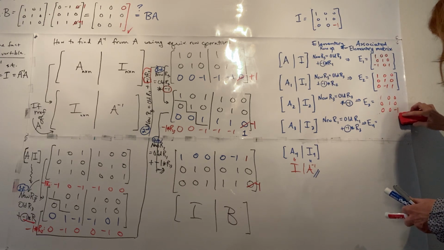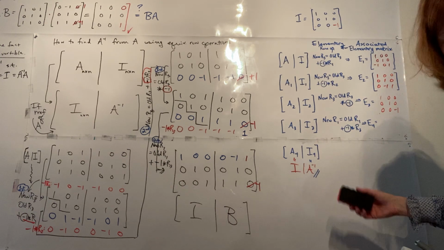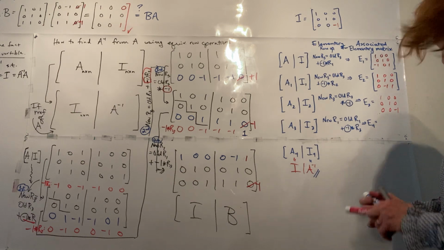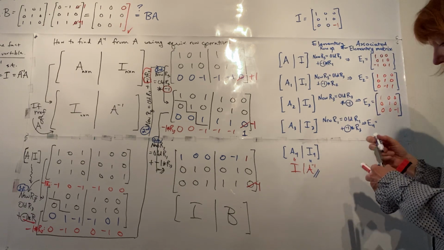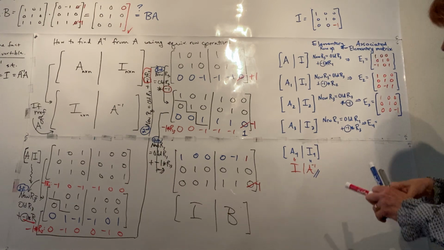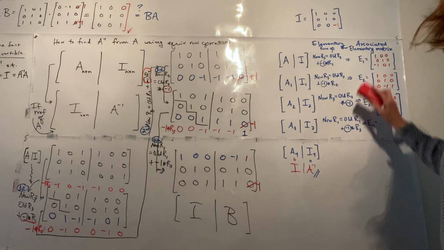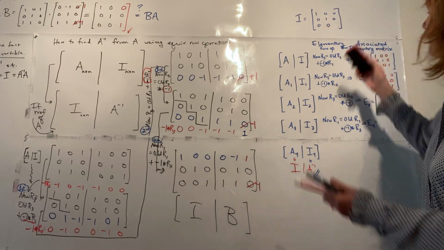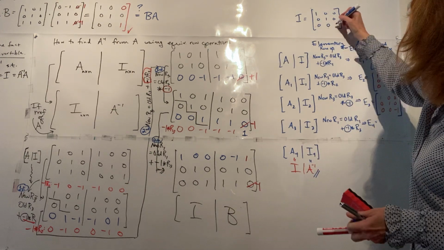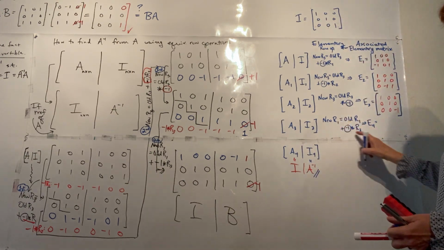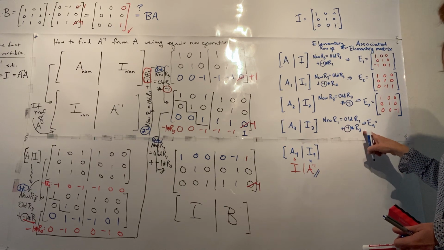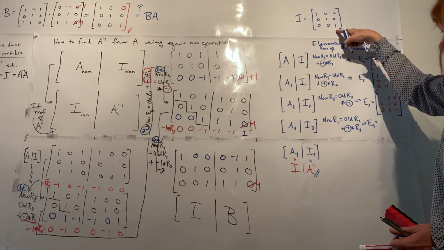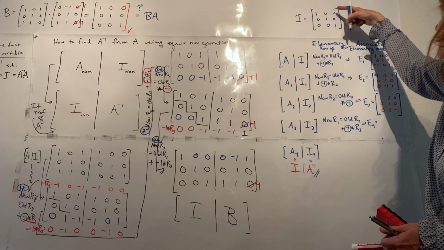Can you stop the video and do E4? You should. Okay, so let's say you're coming back for your E4, checking on that. Again, you start with an identity matrix and you simply perform that one operation on it. What does it look like? Negative 1 times row 3, so that would put a negative on this row 3, added to row 1.